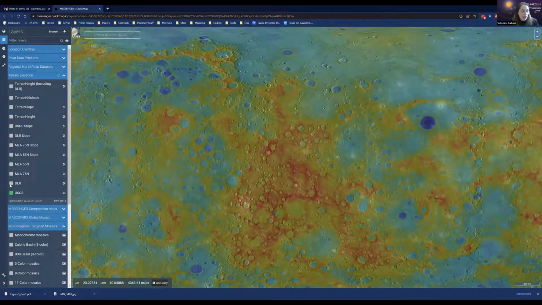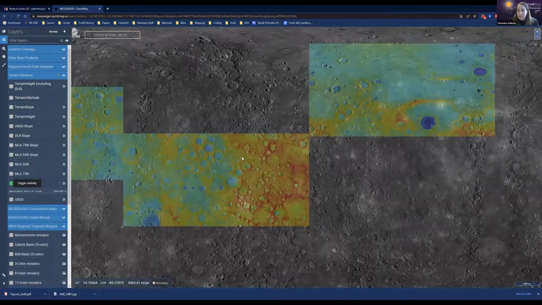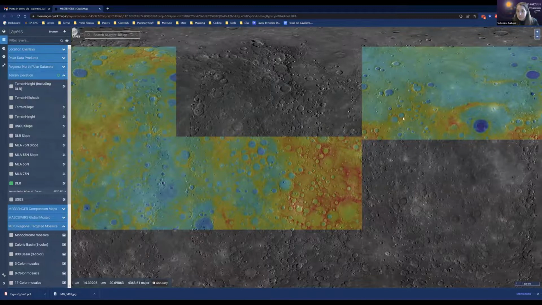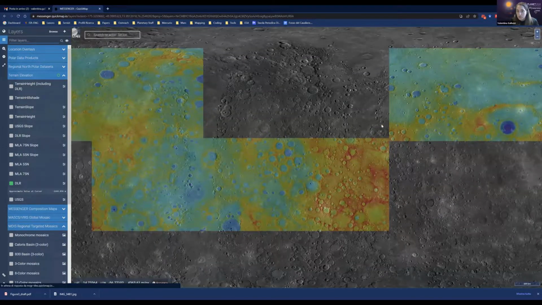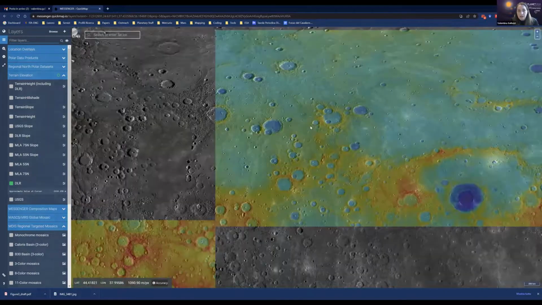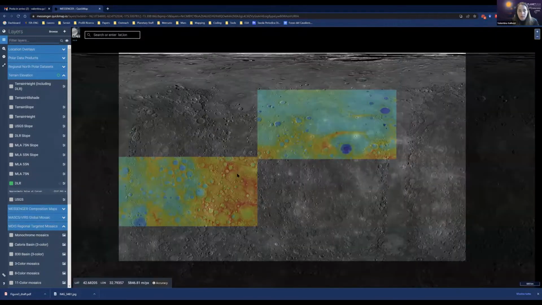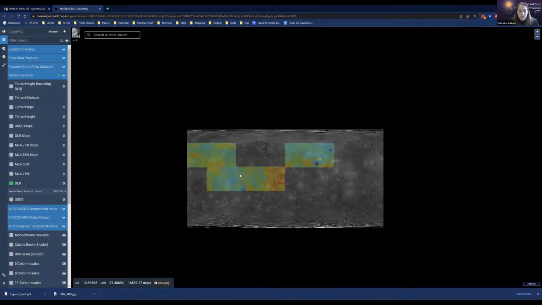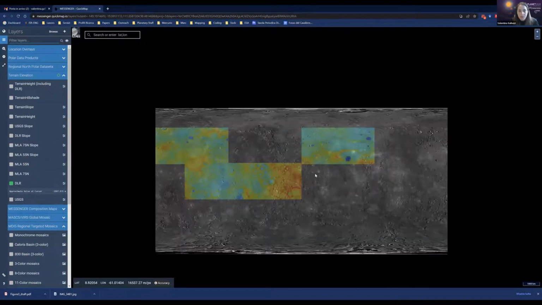Then we have very high detailed DTMs. These are still stereo imaging DTMs, so not by laser altimeter, but they are available only in some areas of Mercury. We have just 4 quadrangles available with these kinds of DTMs.